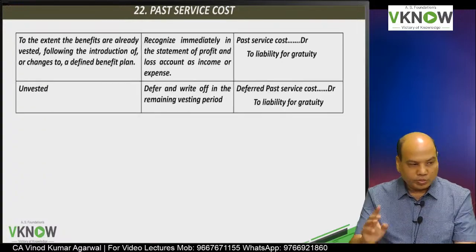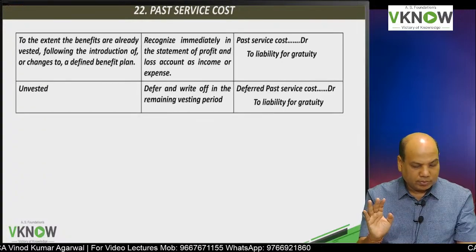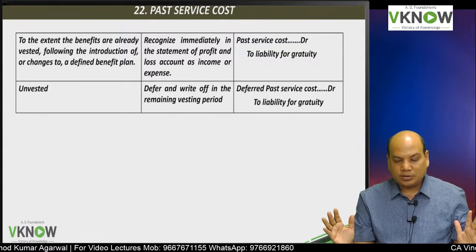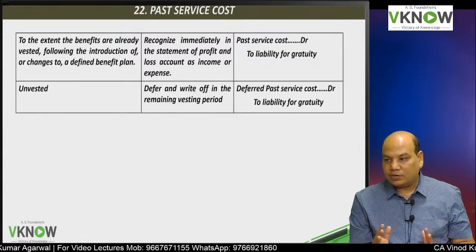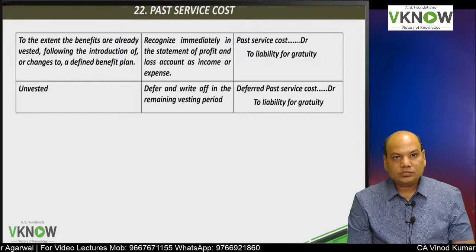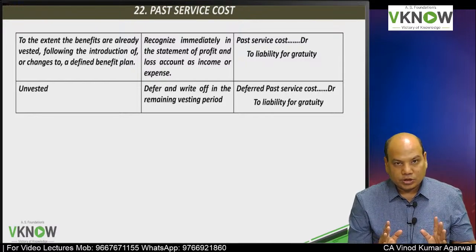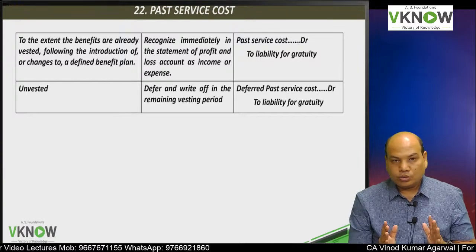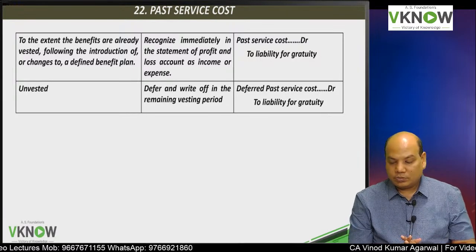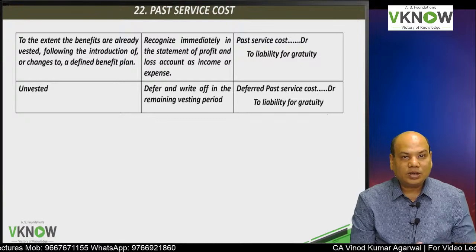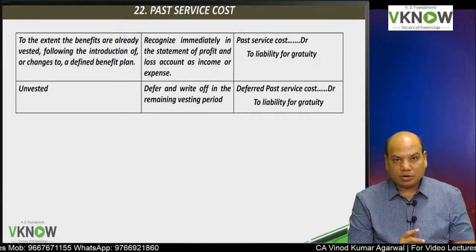Okay. So to make your life easier, I have made a quick summary. To the extent benefits are already vested, vested means condition fulfilled, due to introduction of a plan or due to change in the plan, then you will recognize immediately in the statement of profit and loss.